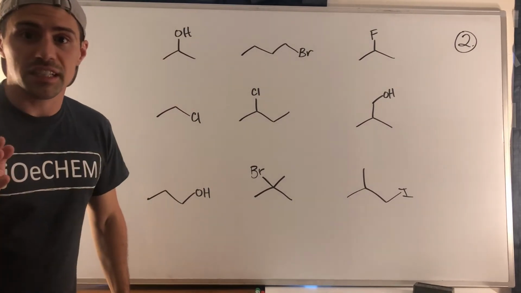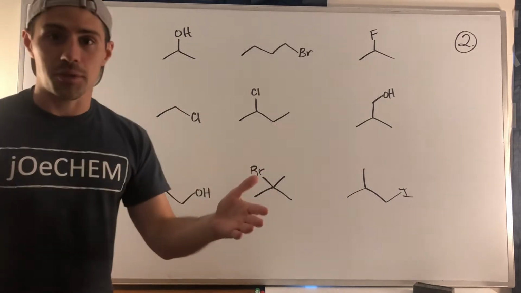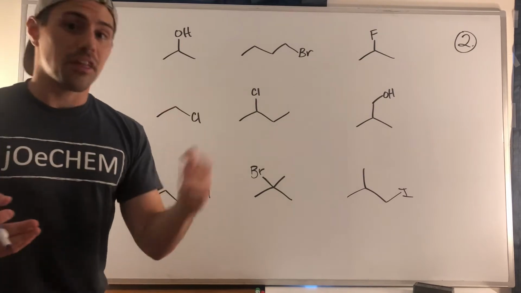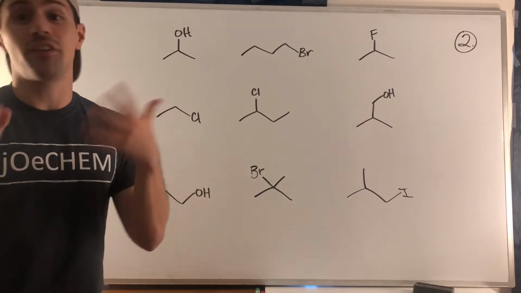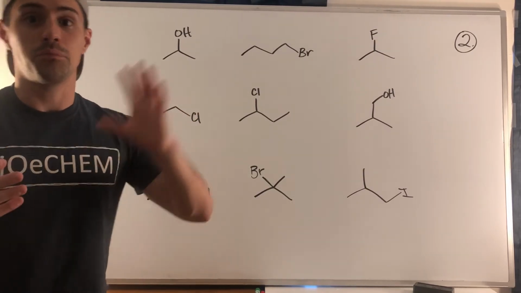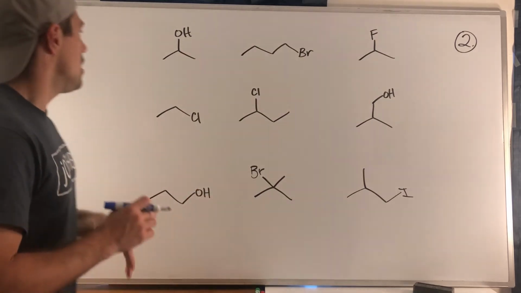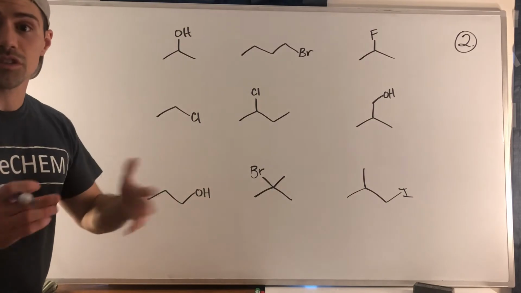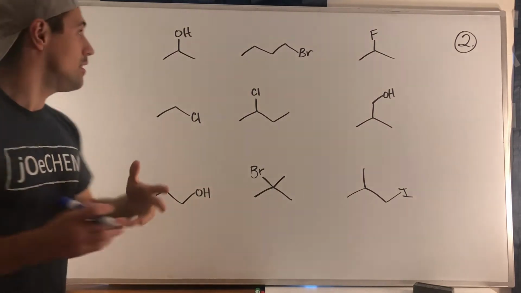So remember, the first thing is kind of count, how many carbons do you have, right? That's going to determine whether we're doing like methyl, ethyl, propyl, butyl, or some variation of those. So in this first example, we have 1, 2, 3 carbons, right? Cool, so we're going to do something with propane, and we have an alcohol.